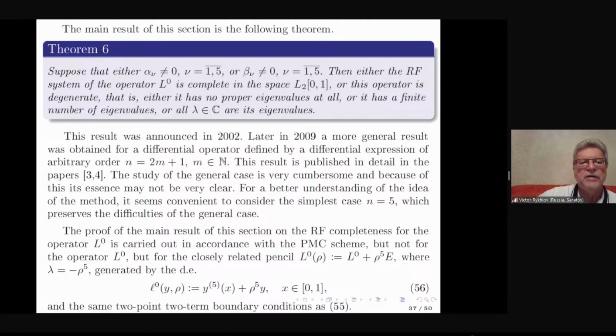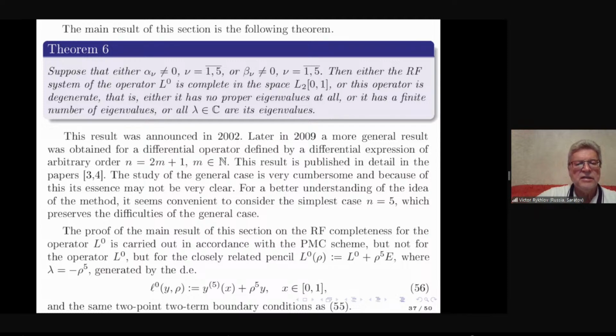Then either the root function system of the operator L0 is complete in the space L2(0,1), or this operator is degenerate, that is, either it has no proper eigenvalues at all, or it has a finite number of eigenvalues, or all lambda in the complex plane are its eigenvalues.